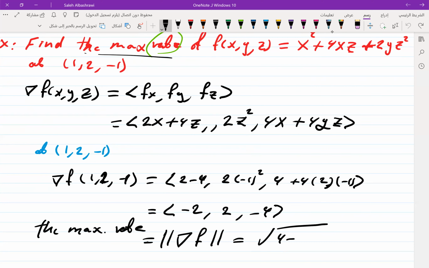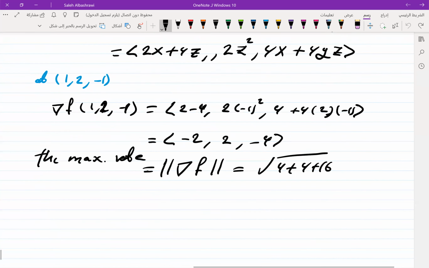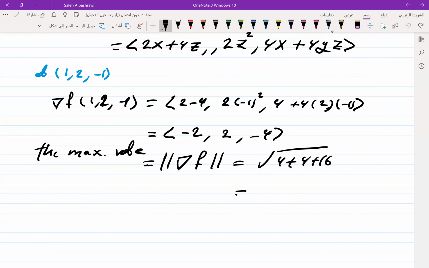That will be the square root of 4 plus 16, which is equal to the square root of 24. So this is the maximum rate of the given function.